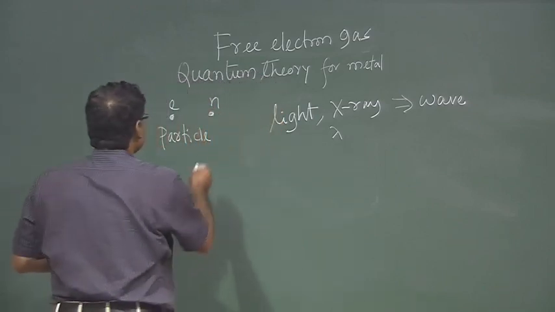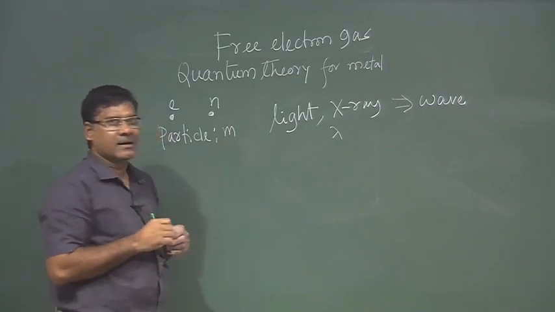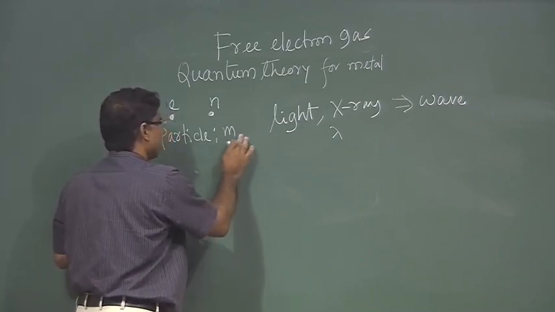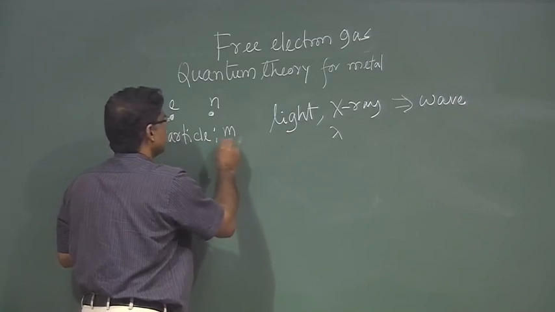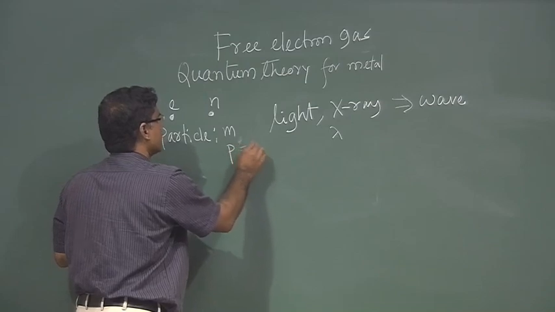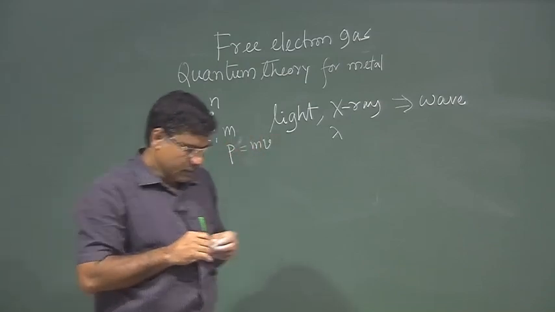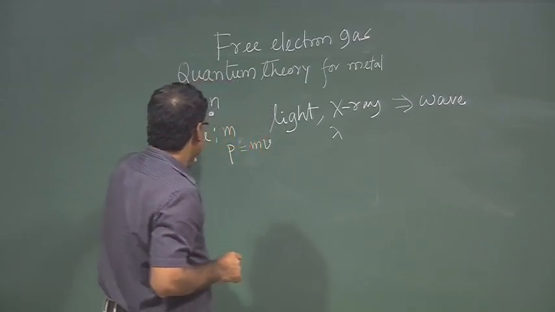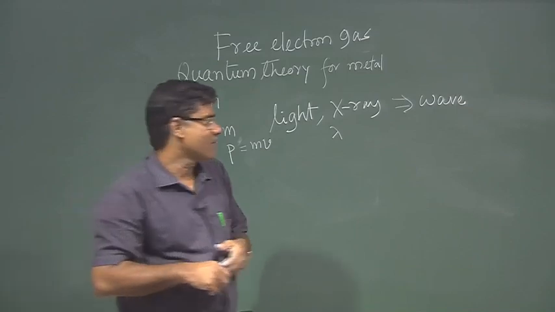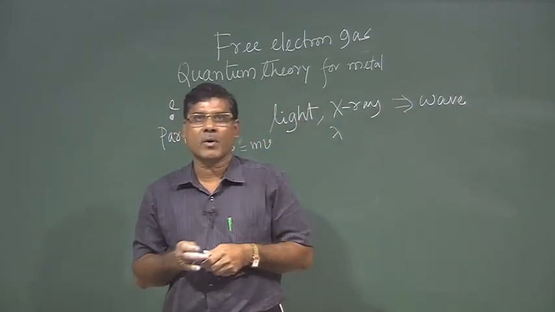Particle means it will have mass, and it will have momentum p, that is basically mv, right. When we say particle, the particle has mass. When we say wave, the wave doesn't have mass, but it has wavelength, right.